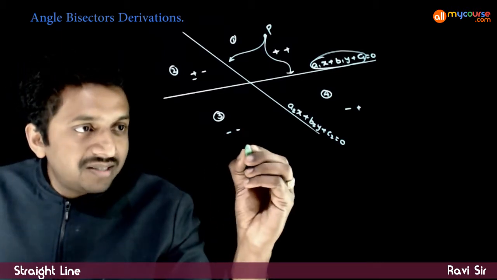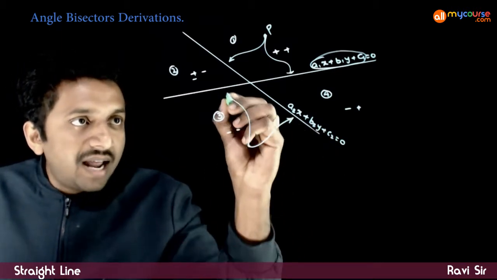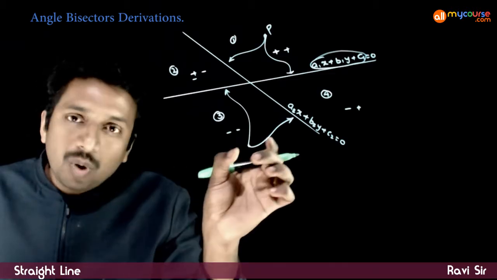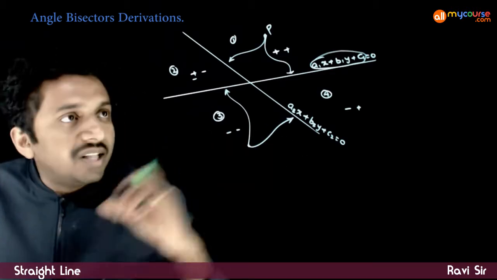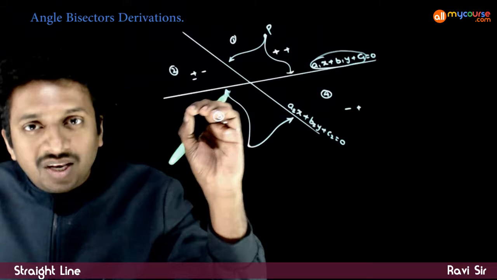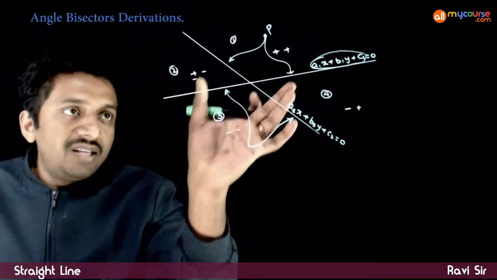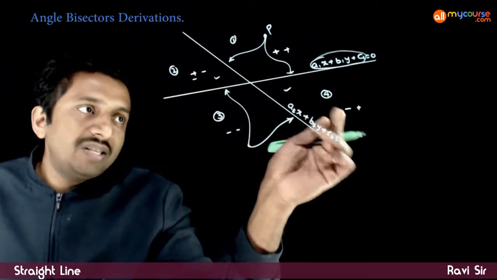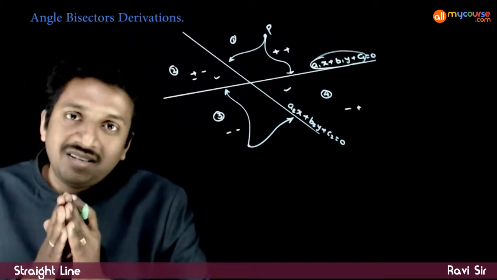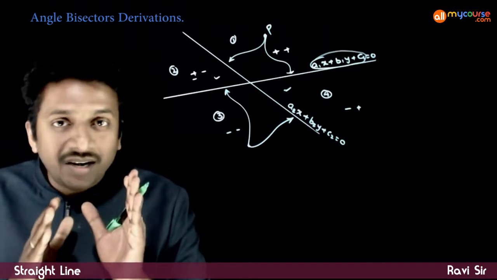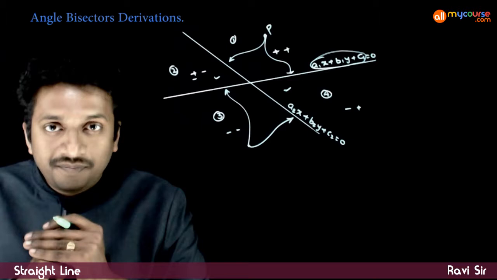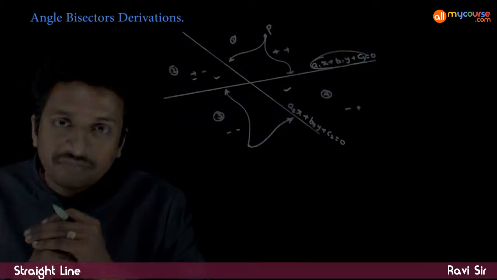If you take a point in this region and substitute it in both lines, both will turn out to be negative numbers. That means in these two regions, both numbers will be of the same sign. In these two regions, both numbers are of opposite sign. I hope you understood this concept very well. Now let us go forward.